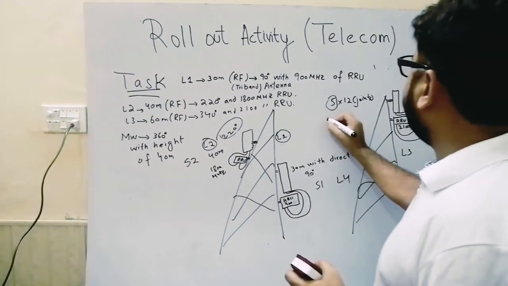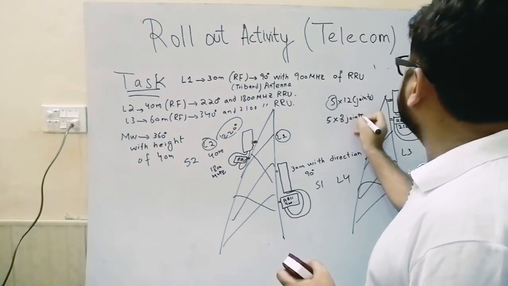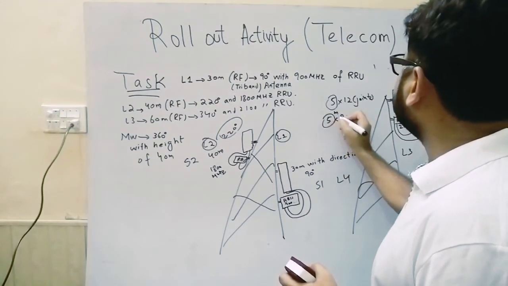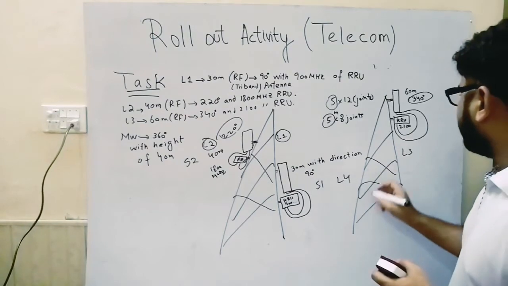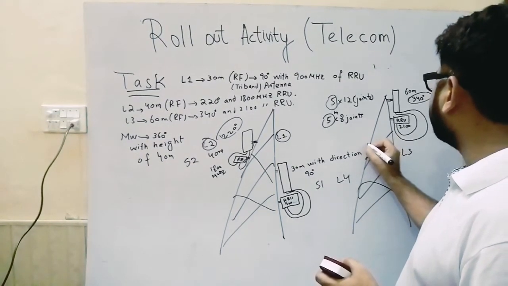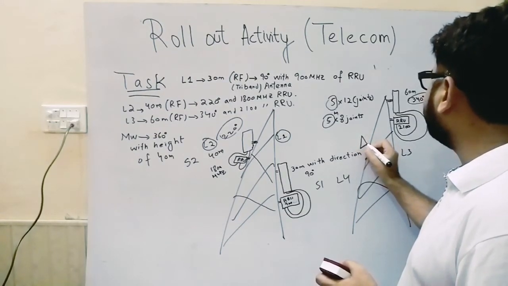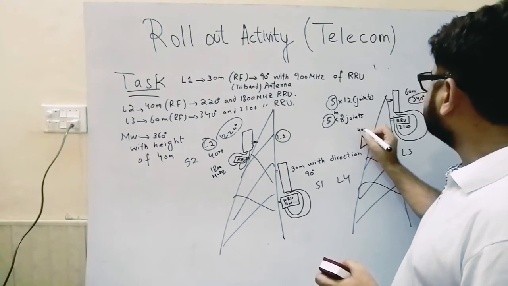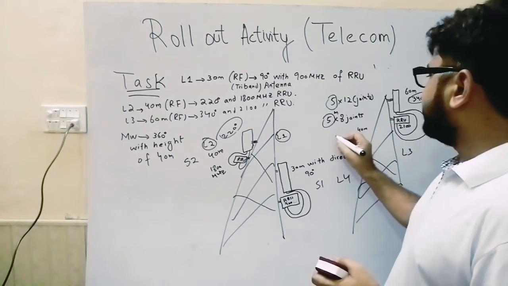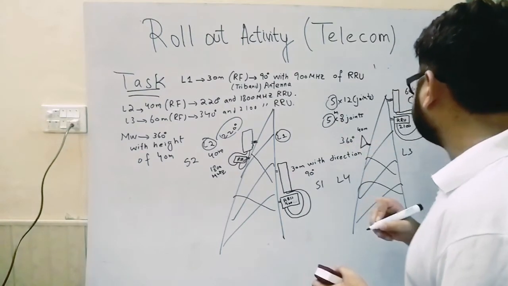Suppose after 8 joints, 5 meter each, you calculate the tower microwave height at 40 meter here. So add the microwave antenna at 40 meter and give the direction of 360 degree with the help of the compass.